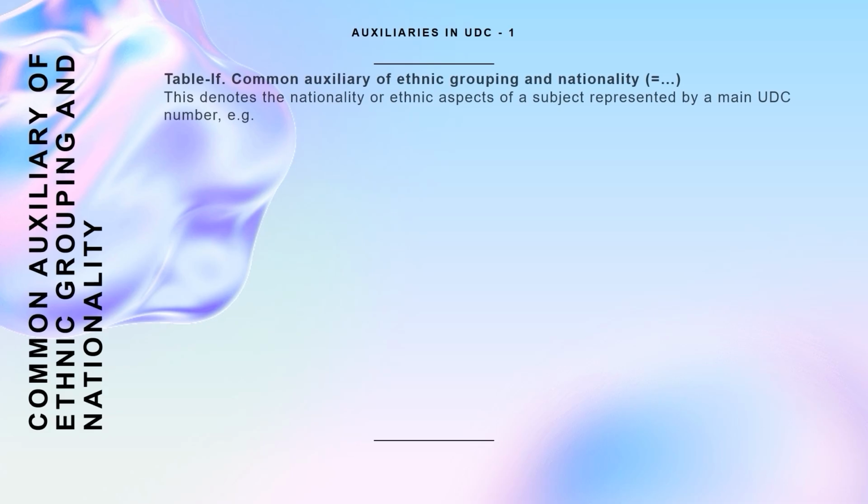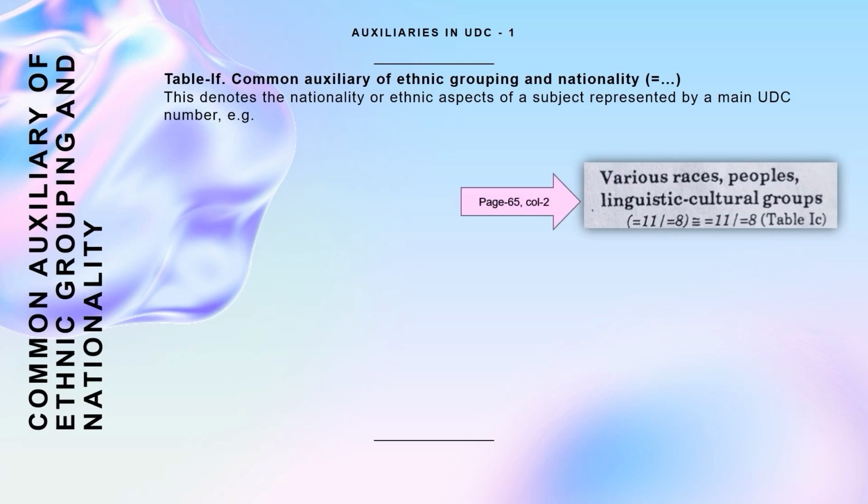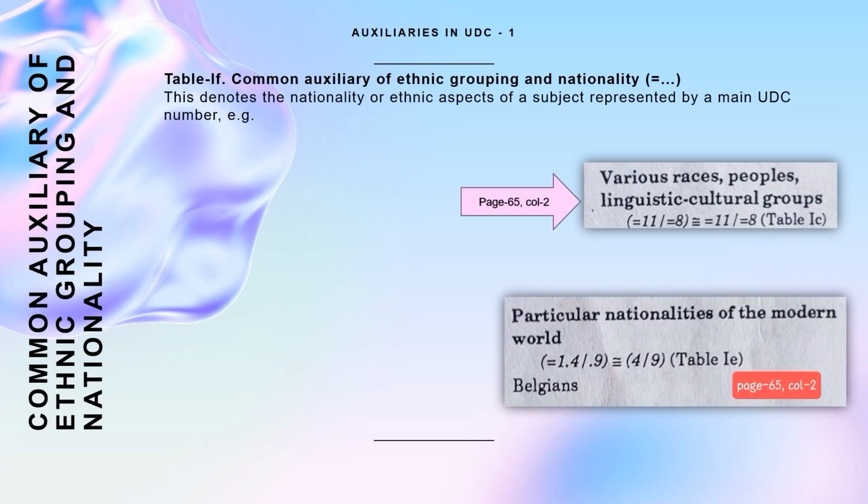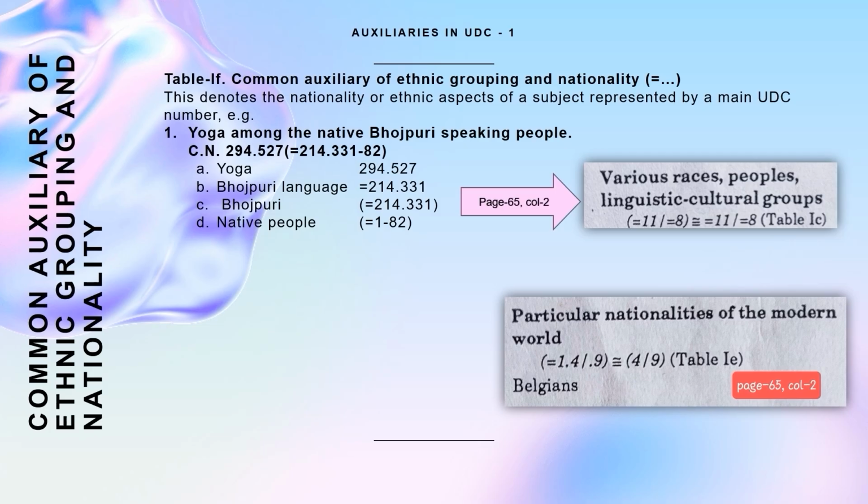Next, 1F, common auxiliary of ethnic grouping and nationality. That is, the symbol is within parenthesis equal to triple dot. Triple dot means number 1 to 9. This denotes the nationality or ethnic aspect of a subject represented by a main UDC class number. Okay, so you see the example, the yoga among the native Bhojpuri speaking people.